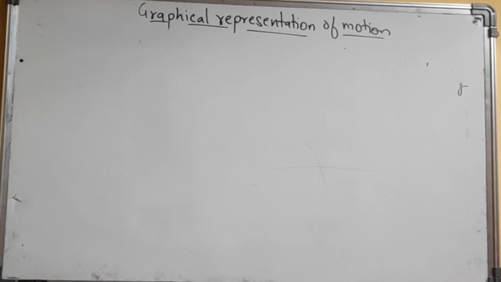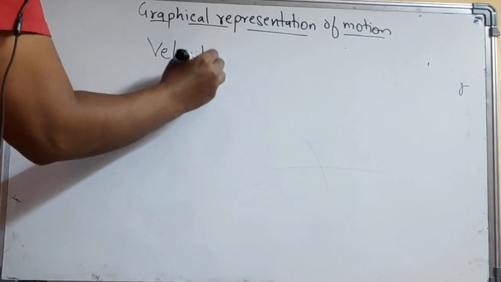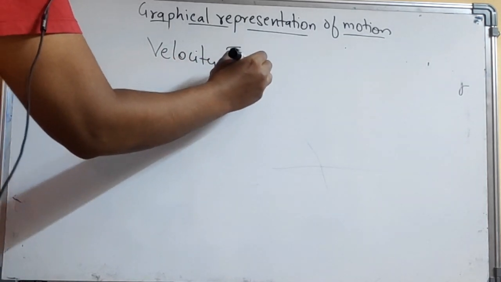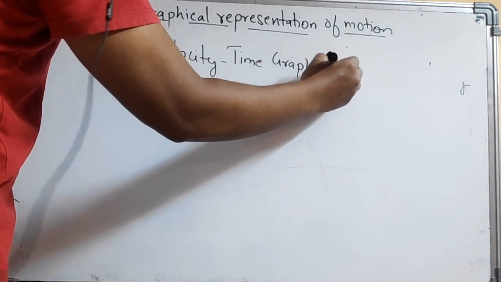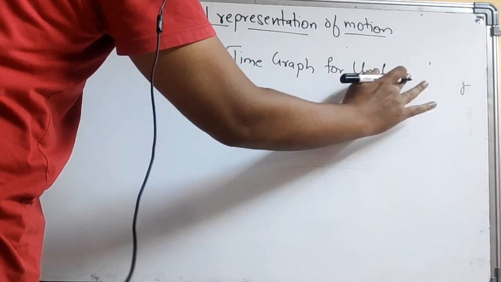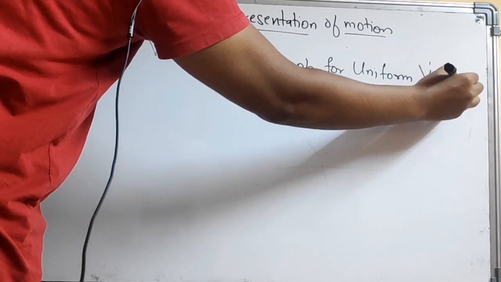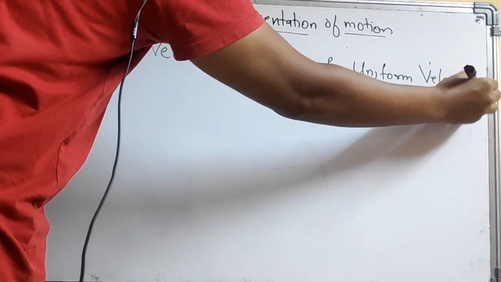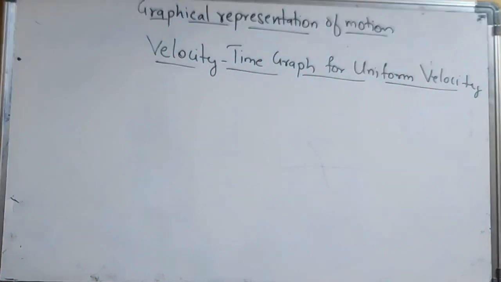The third graph is the velocity time graph for an object in uniform velocity. Velocity time graph for uniform velocity.